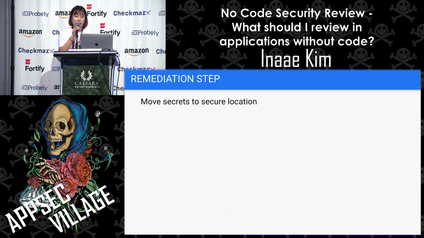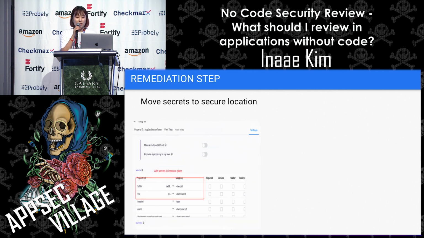So here are my remediation steps. I found that it is not just a secret key, but they are trying to add the API connection inside the application. They are trying to bypass the service integration setting feature. I feel that this citizen developer doesn't know how to use the service integration.